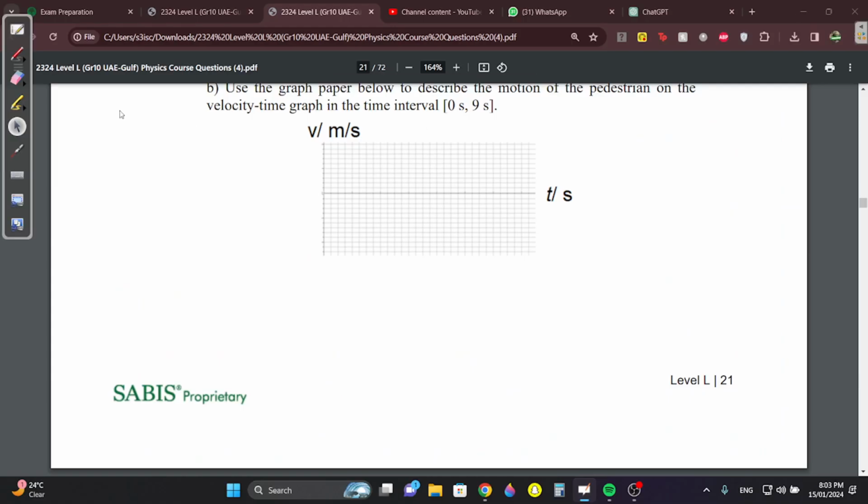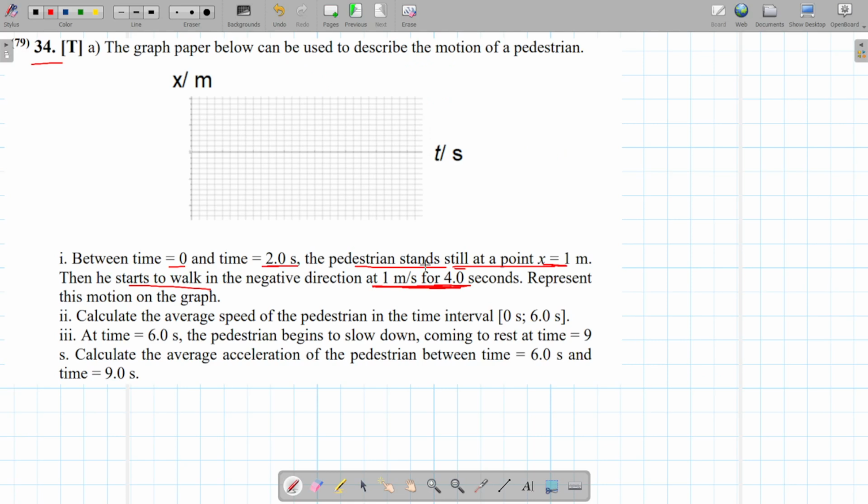In order to find the distance, since it's 1 meter per second for 4 seconds, you know velocity equals displacement over time. For displacement, how do you find the distance? It's vt. Okay, so 1 times 4, which is 4 meters.